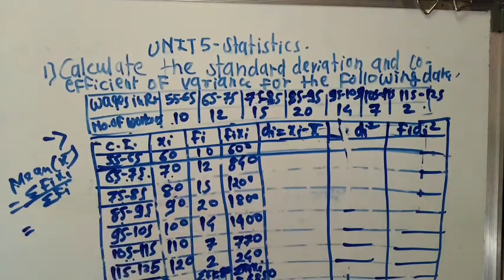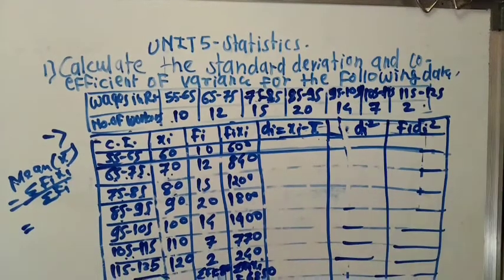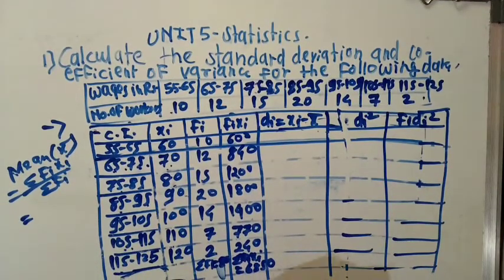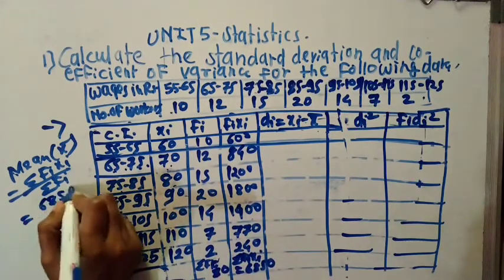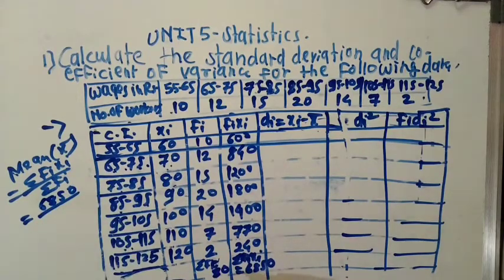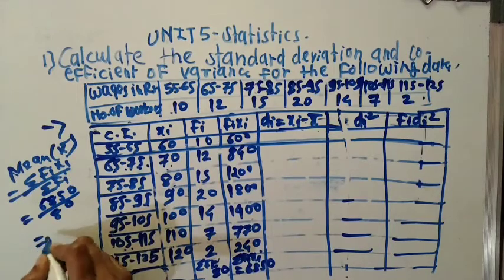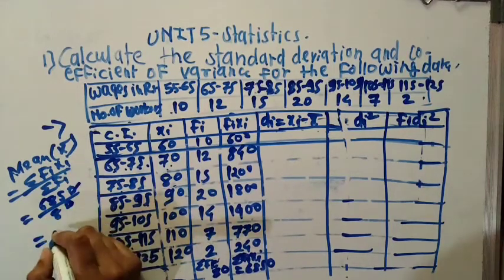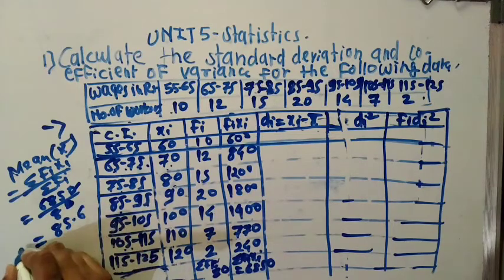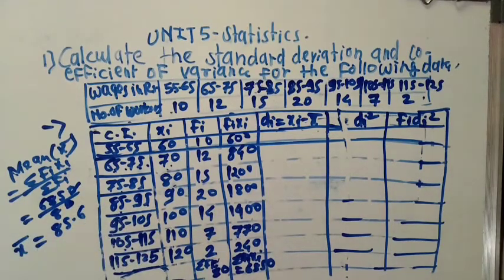So 6850 upon 80 is equal to 85.6, is the x bar.